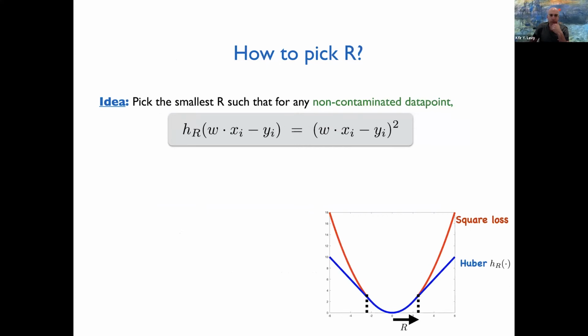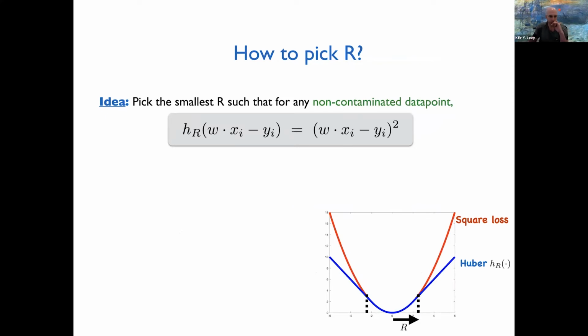Now the question is how to pick this parameter R, and the answer is very simple. We would like to pick the smallest R such that for any non-contaminated data point, the Huber loss equals the square loss at this point.